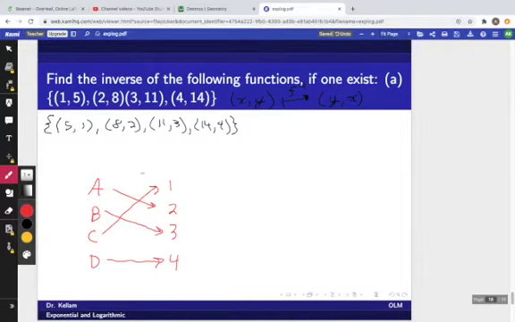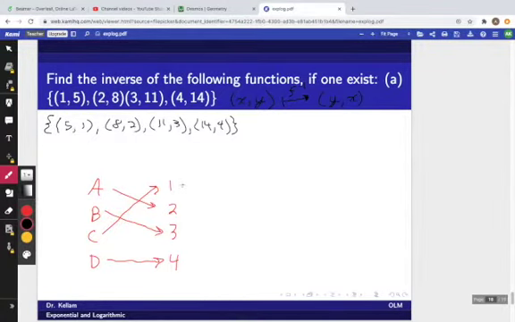This clearly represents a function. Each of these only occurs once, or it only goes to one item in the range, and these range values all appear exactly once.